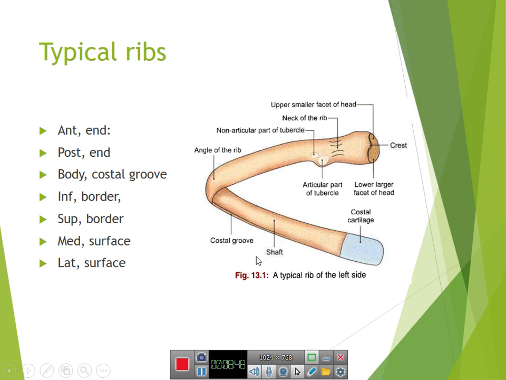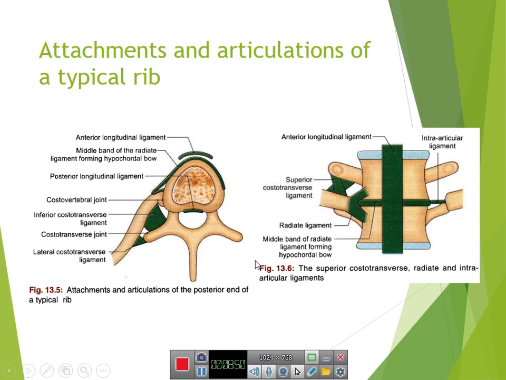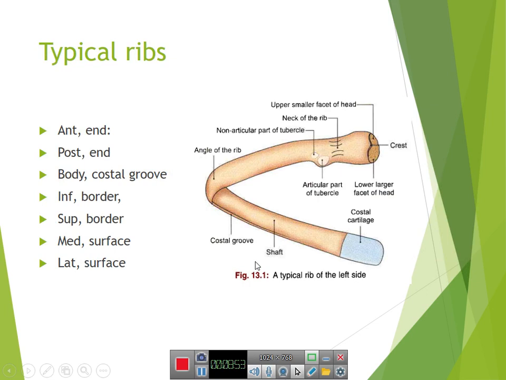So let's talk about features of a typical rib. First of all, each rib has 2 ends, anterior and posterior. Its shaft comprises upper and lower borders and outer and inner surfaces.